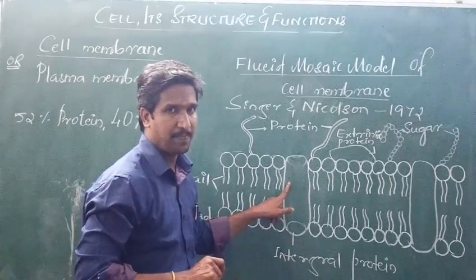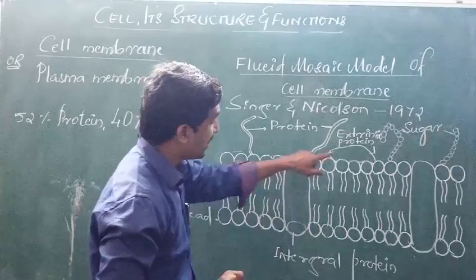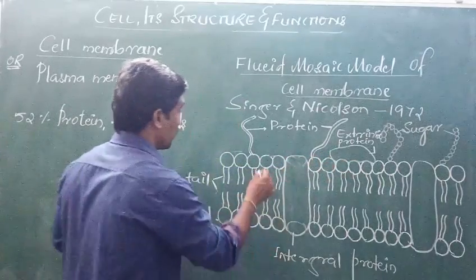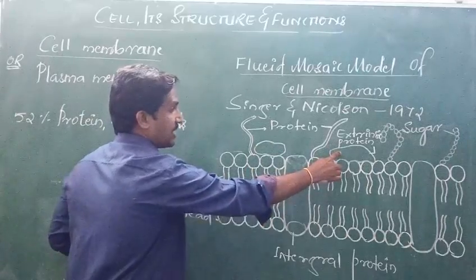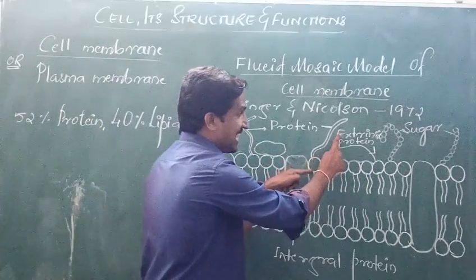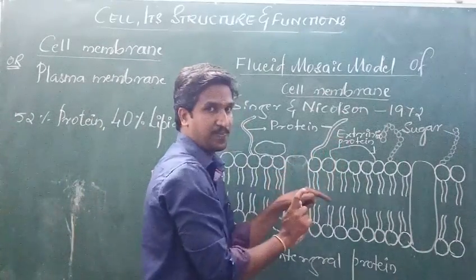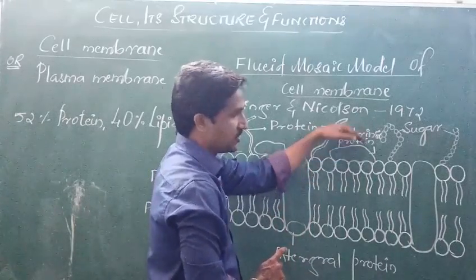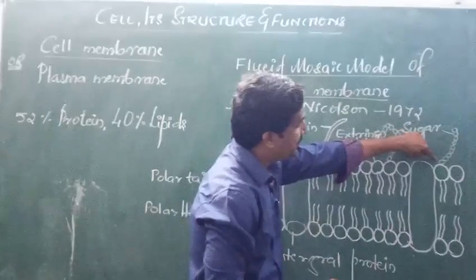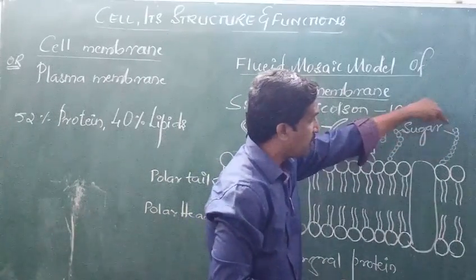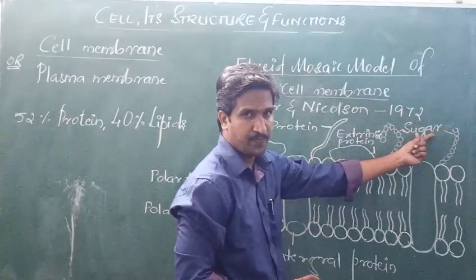And apart from that, some of the proteins are present like this, on the outer border layer. Such a type of protein is called an extrinsic protein. And here, the bubble-like structure, a chain of balls, is called sugar.